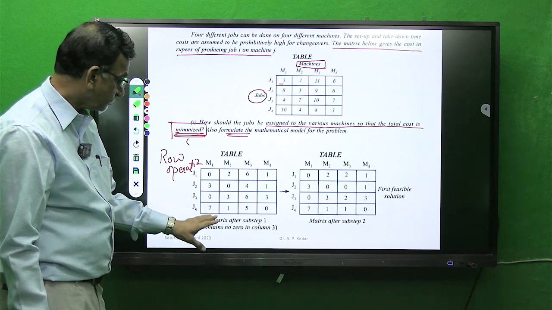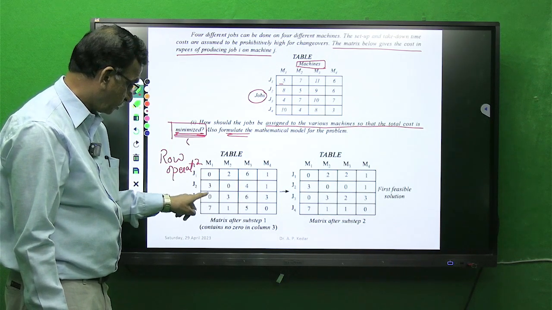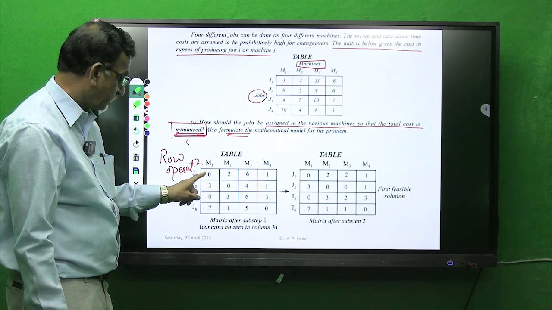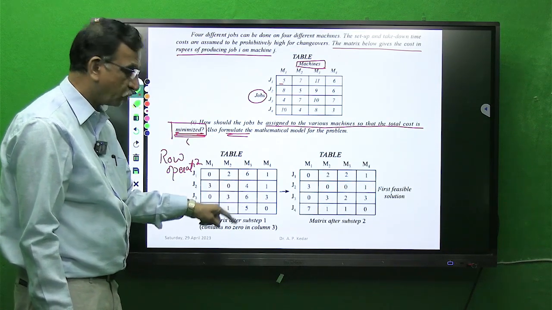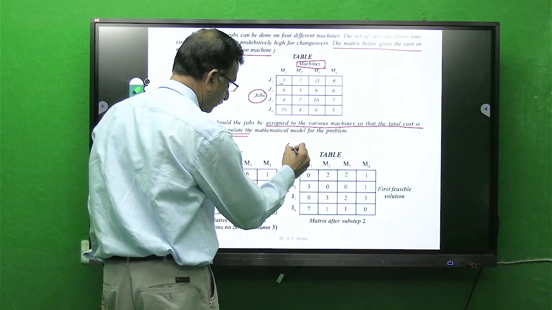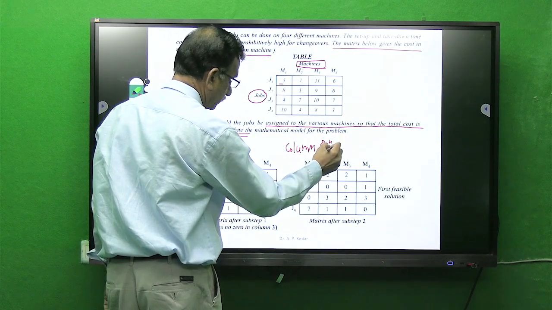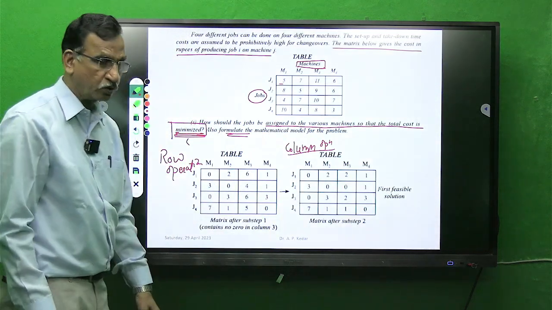Now in this particular step, you can see that after performing row operation, this third column does not have a 0, so you need to perform column operation here.